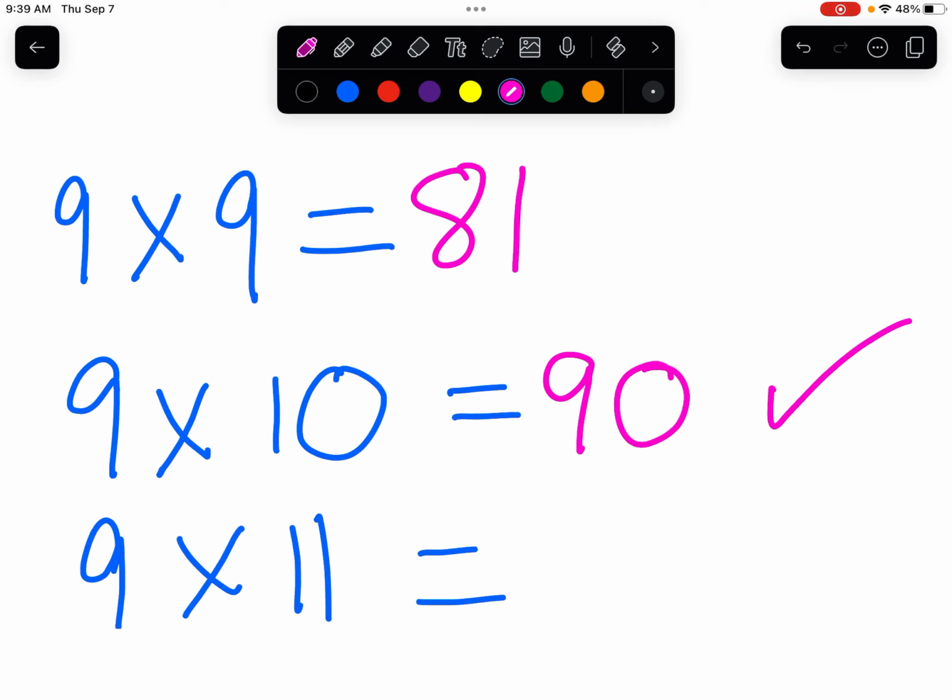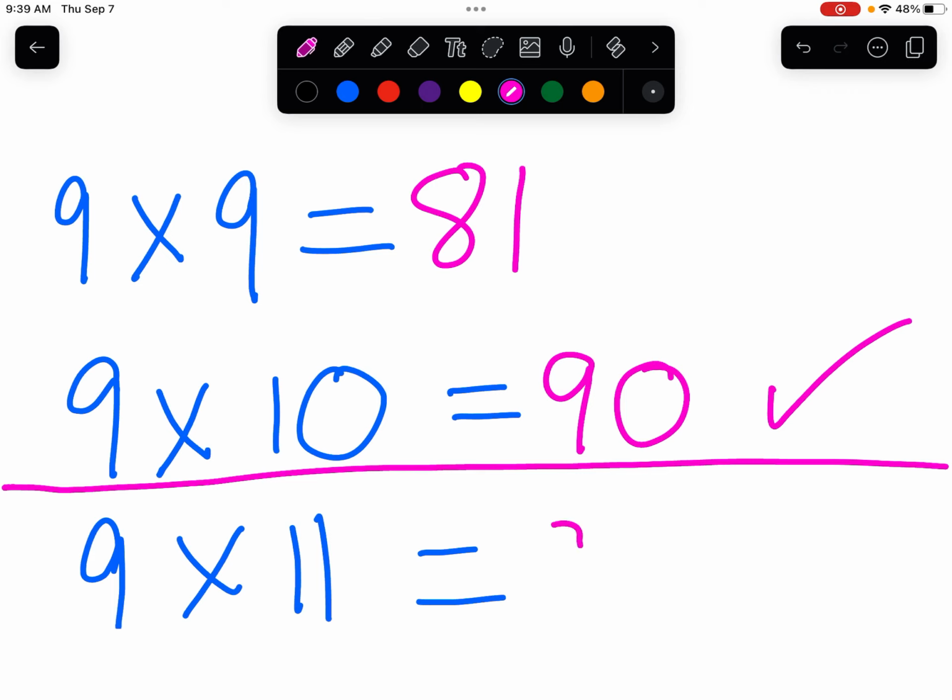Now here is what you need to remember, okay? This rule ends at the number 10 because for 9 times 11, 11 minus 1 is 10, so it doesn't work. The answer for 9 times 11 is 99. So after 10, we just need to memorize 11 and 12, and we're going to go up to 15, I hope.